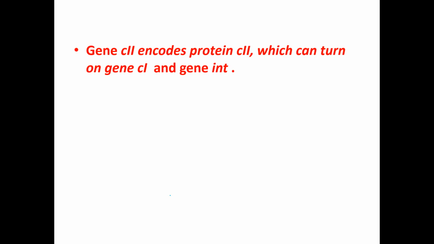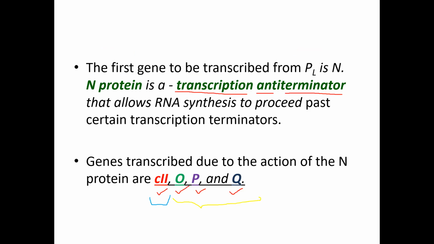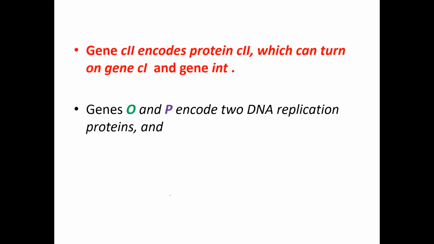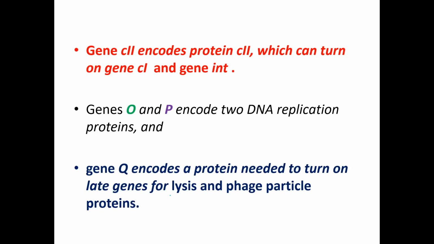This C1 repressor and INT are involved in lysogeny, and that's why we say that C2 is involved in lysogeny. Whereas O, P, and Q are involved in the lytic cycle. O and P encode replication proteins, and Q is another anti-terminator protein needed to turn on the late genes for lysis and phage particle proteins.